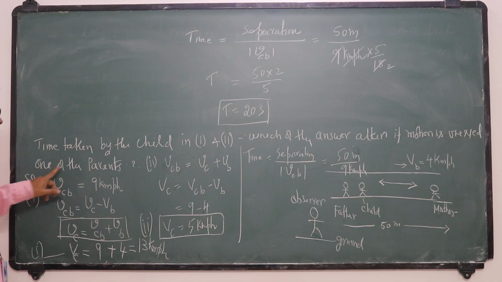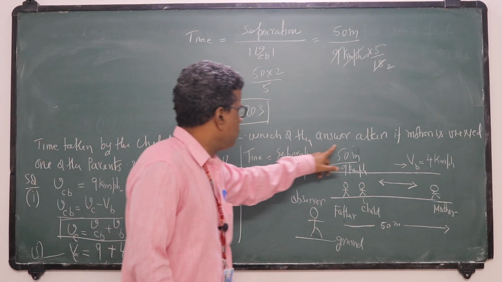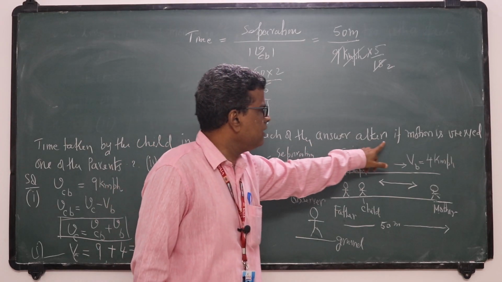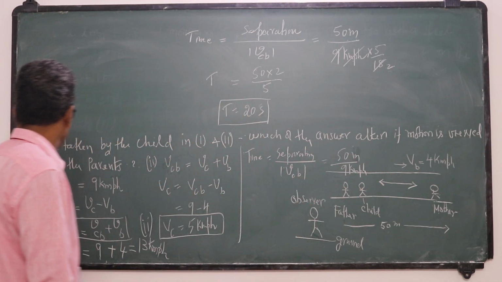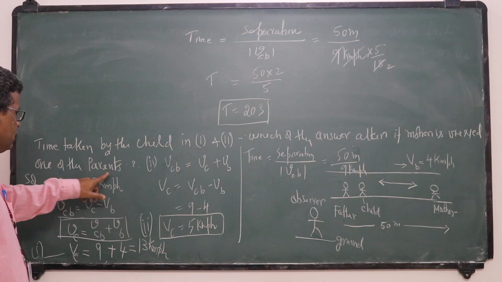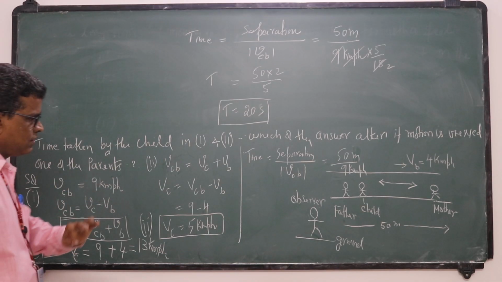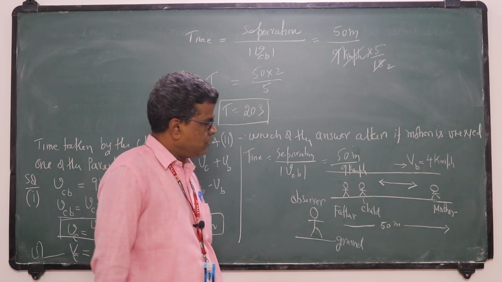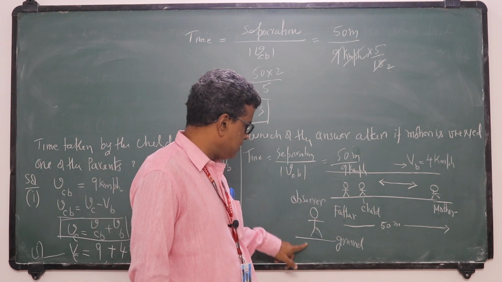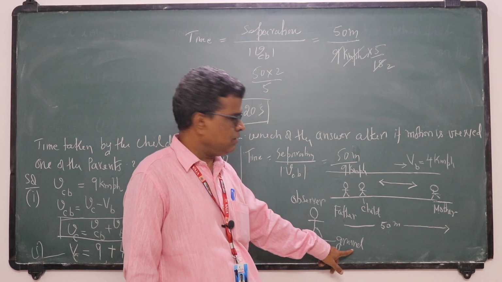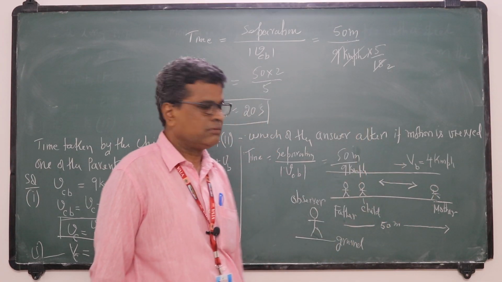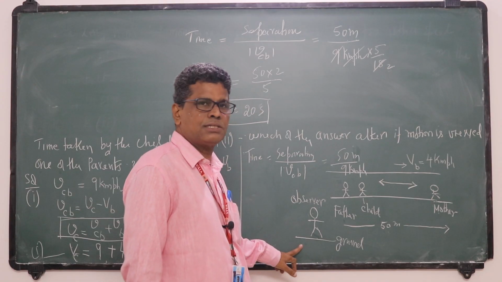See, which of the answers alter if the motion is viewed by one of the parents? I said motion is relative. With respect to the observer standing on the ground, the father and mother appear to be moving.